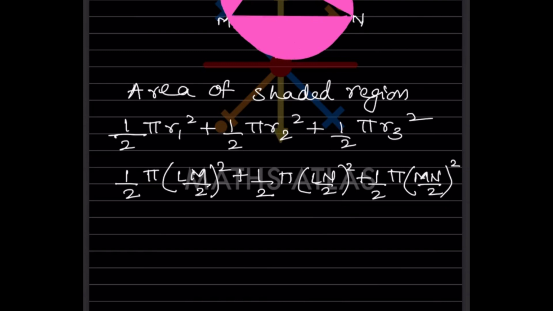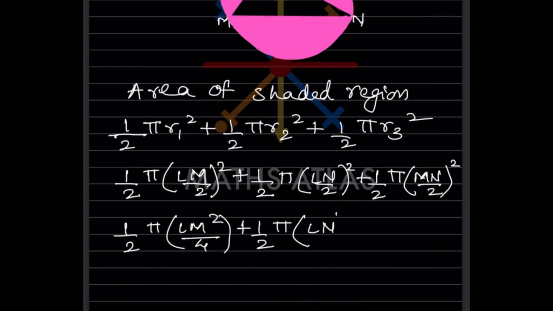In exponents, whenever you have such a step, you're going to multiply this into this and this into this. Same for here. So let us write the next step, that will be half pi LM square divided by 2 square, that will be 4, plus half pi LN square divided by 4, plus half.